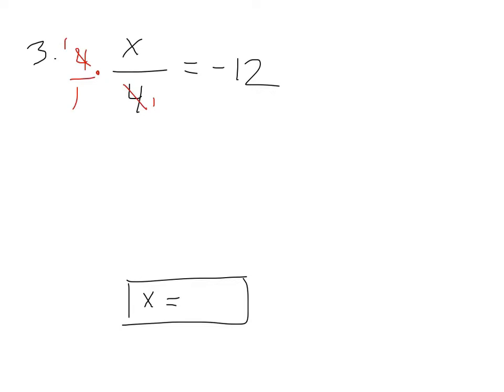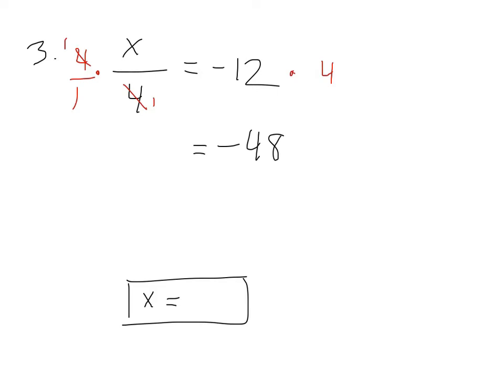And so let's operate on this side now. If I multiplied the left side by 4 over 1, I need to multiply this side by 4 over 1. And in this case, I'm not going to make it 4 over 1. I'm just going to keep it as a regular 4 because this isn't a fraction, so I'm an integer, and I'm going to multiply by another integer. So negative 12 times 4 gets you, of course, negative 48.